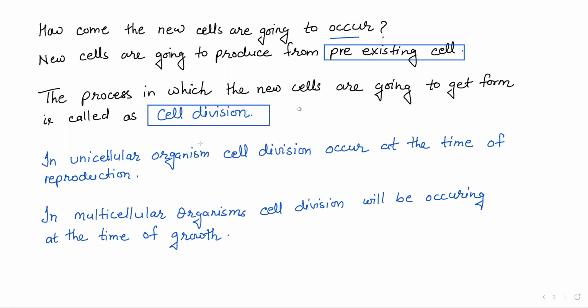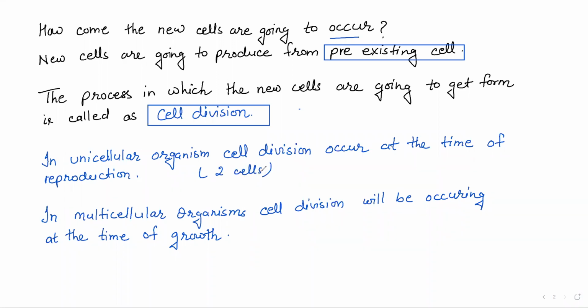Whereas in the case of unicellular organisms, whenever a unicellular organism has cell division, there will always be production of two cells.